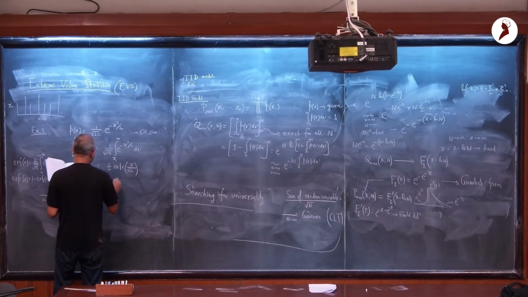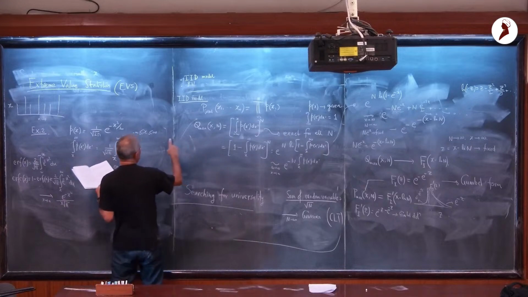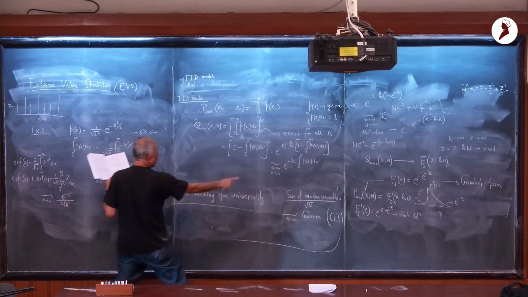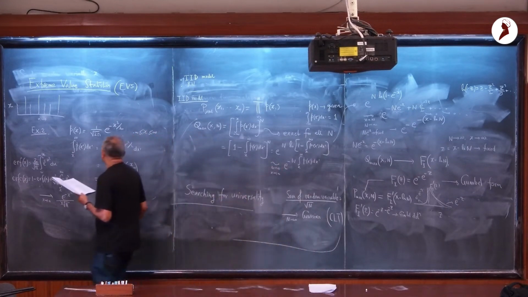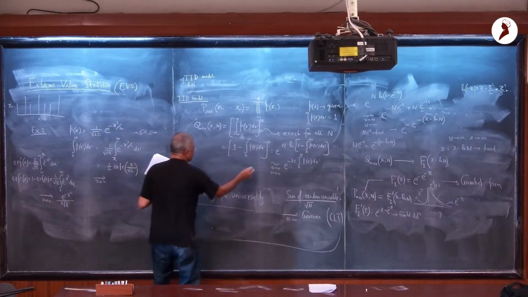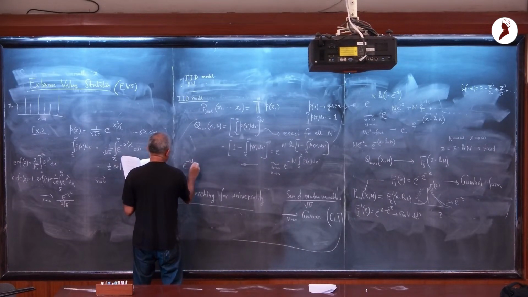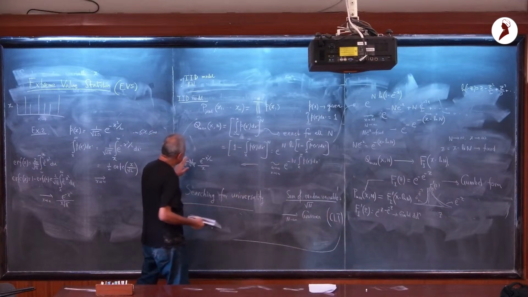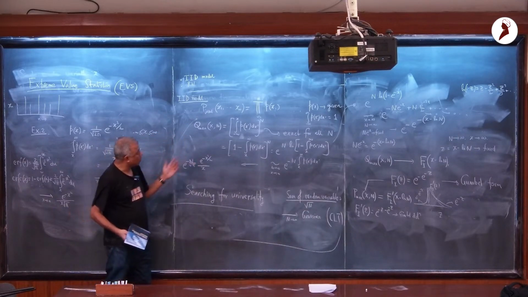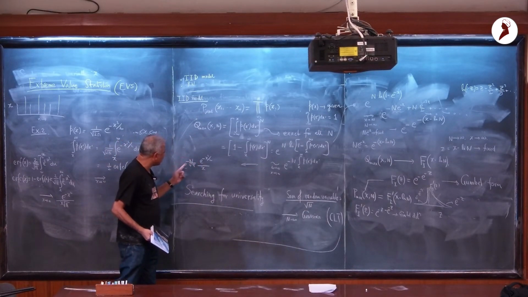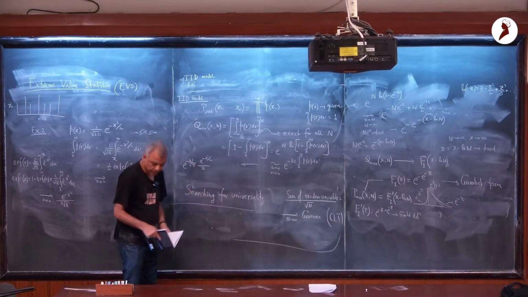So therefore, this object, to leading order, we can write as e to the power n over root 2 pi, e to the power minus x squared by 2, divided by x. This is an approximation where I'm looking at the large x and large n behavior. This is the leading behavior.